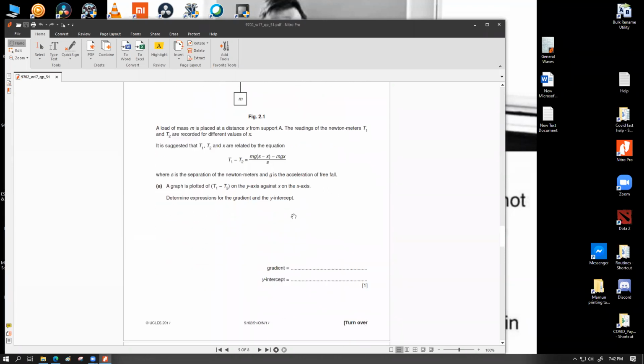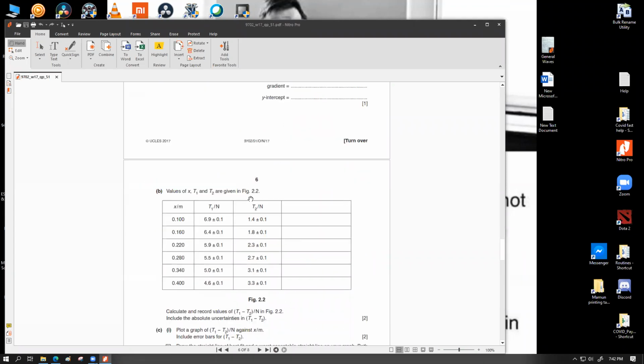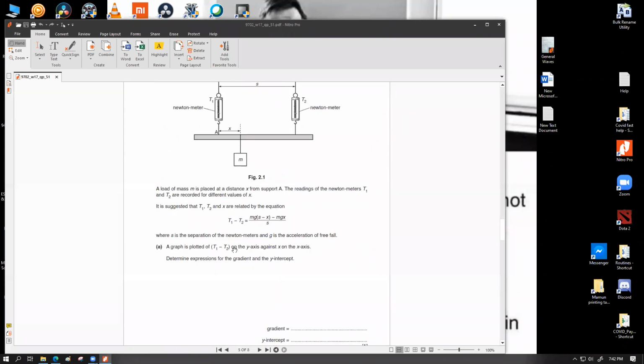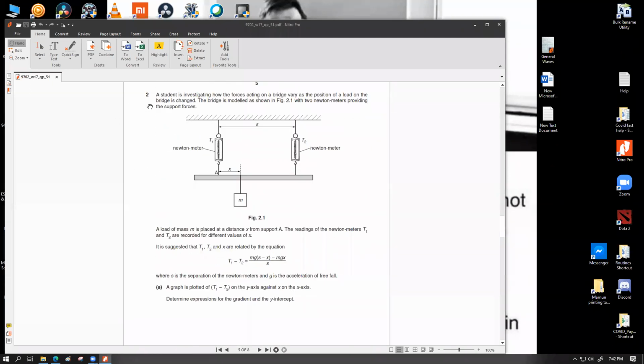And then they would always come with some sort of pre-obtained values. Now, in this case, typically there would be 2 variables. For example, if I directly go for this question, have a look. A student is investigating how the forces acting on a bridge vary as the position of a load on the bridge is changed. The bridge is modeled as shown in figure 2.1 with 2 Newton meters providing the support forces.